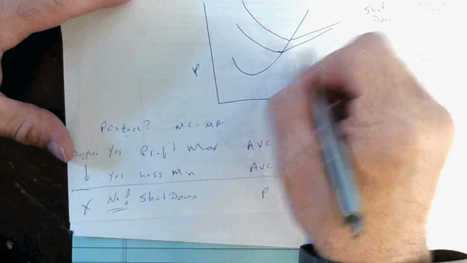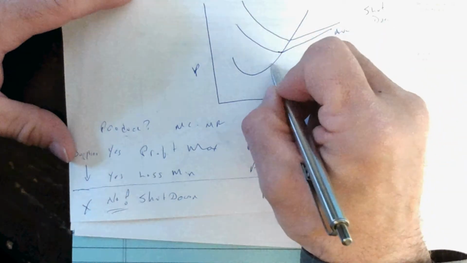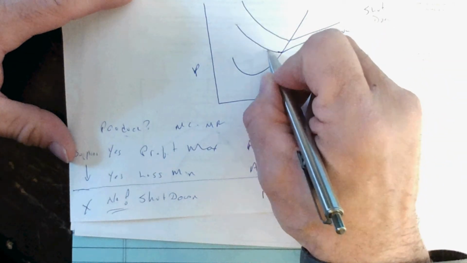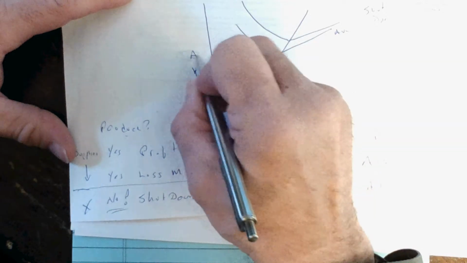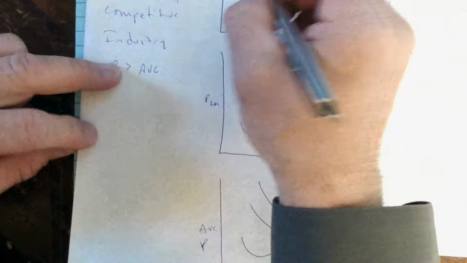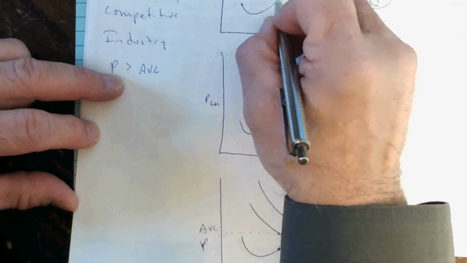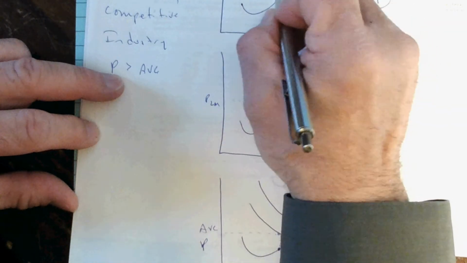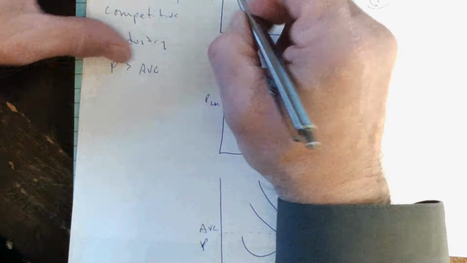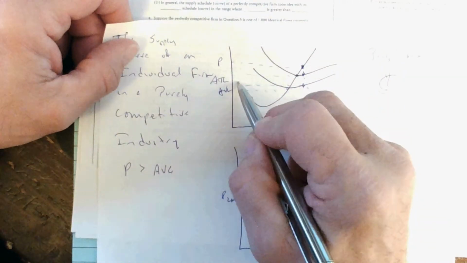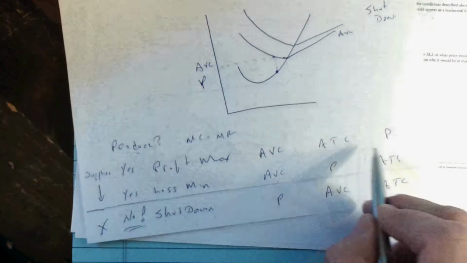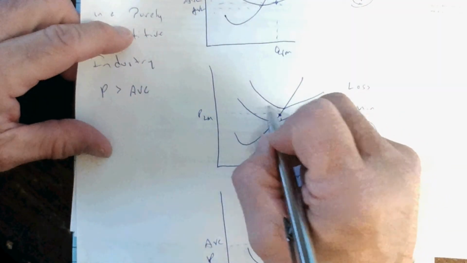But when price is below average variable cost, right? So here, let's do this again. Price, here's your average total cost. Here's your average variable cost. Price greater than average total, average variable: profit max.